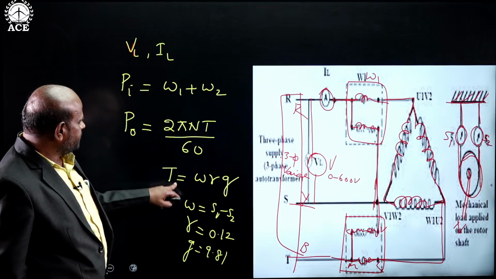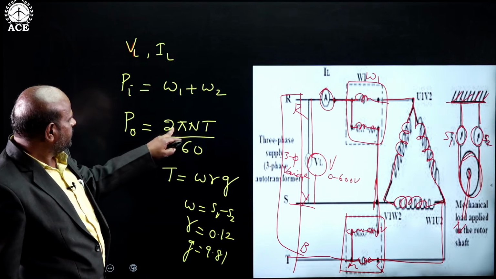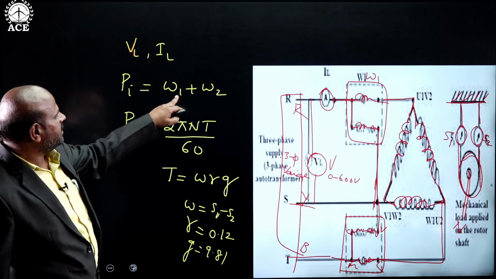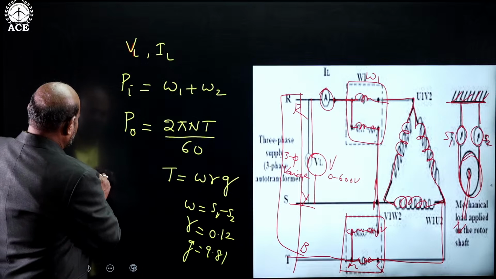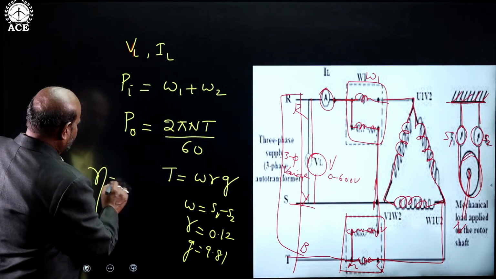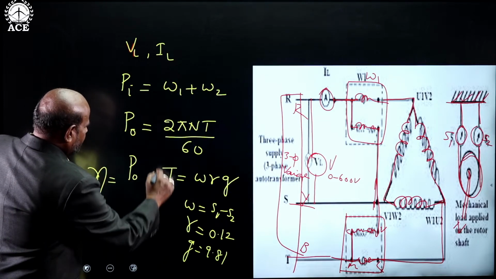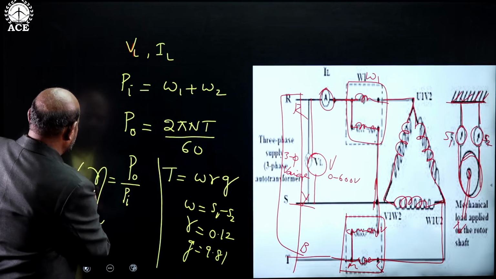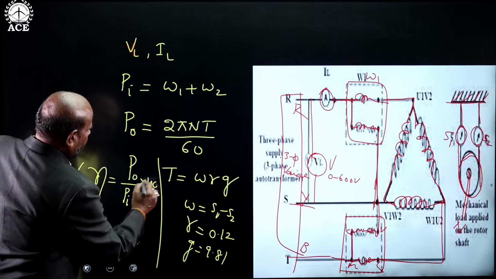Substituting the torque value gives the output power, and input power is the sum of the wattmeters. Efficiency is output by input, and percentage efficiency is multiplied by 100.